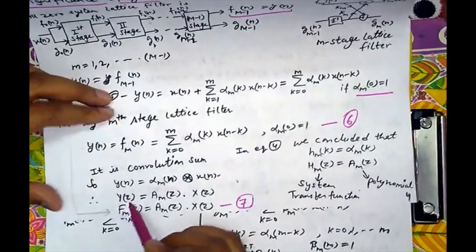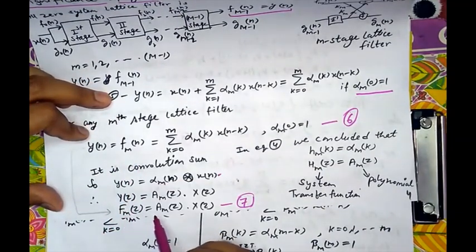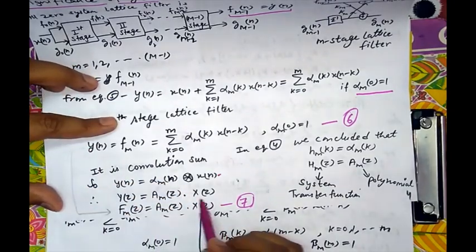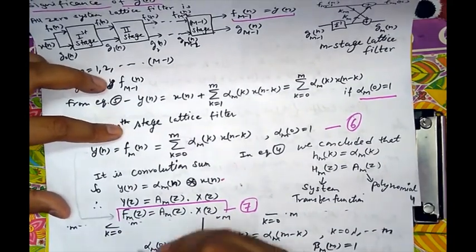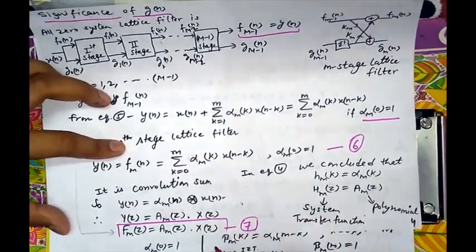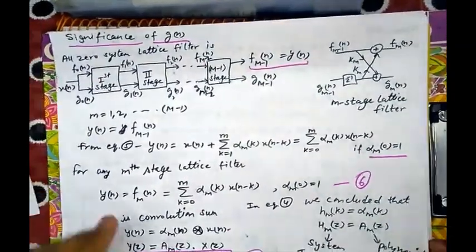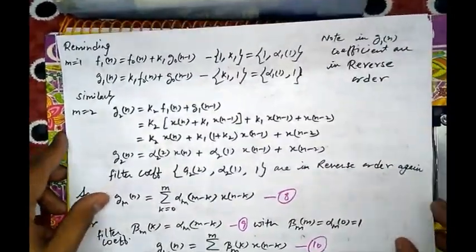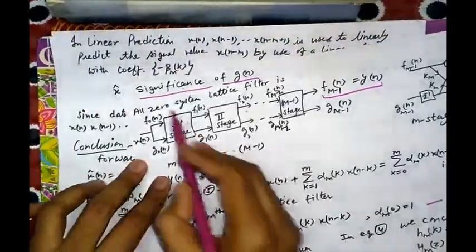Now again we know that Yz is equal to Fmz, so we have put the value Fmz equal to Amz using this equation. Okay, so this is a very important equation basically. Fmz equal to Amz into Xz, equation number 7. I hope you are understanding well that it is the system transfer function, that is a polynomial.